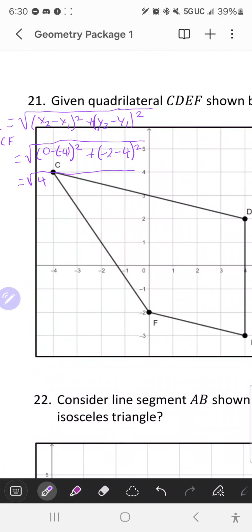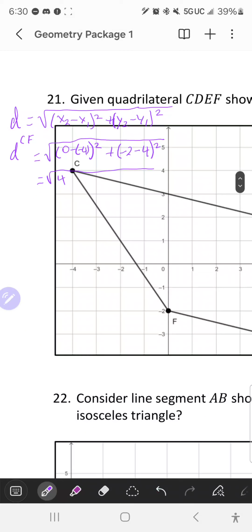I just got that the square root of 4 squared plus (minus 2 minus 4) squared. They have the same sign, so we just keep the sign and add them together. So it's minus 6 squared.